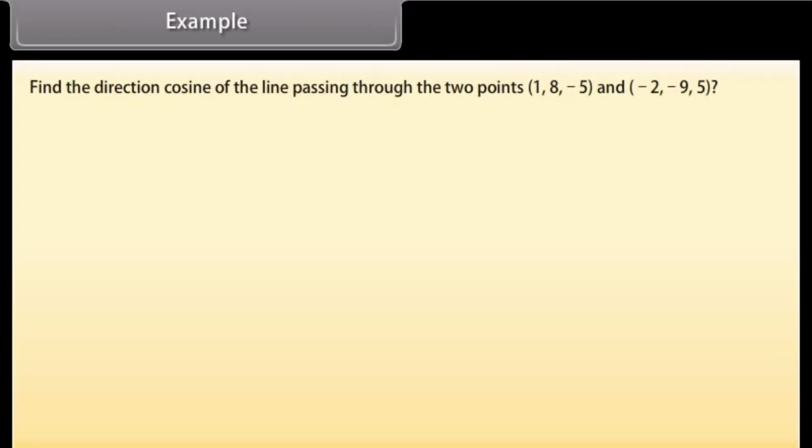Example. Find the direction cosine of the line passing through the two points 1, 8, minus 5 and minus 2, minus 9, 5. Solution.